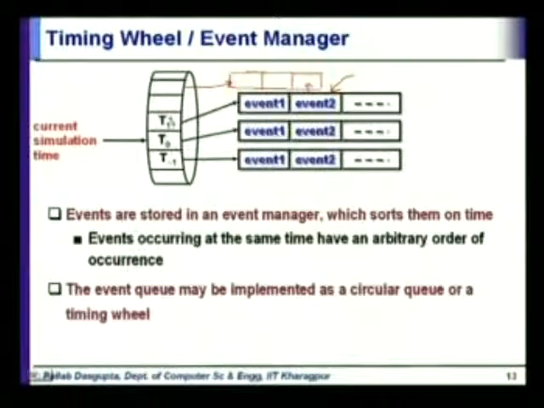It is not necessarily just one time unit after this, okay. Now what is going to be the size of this timing wheel? See, that is an important design choice. Now when a particular event is taking place, we have to find out how far ahead the next event can be generated, right.